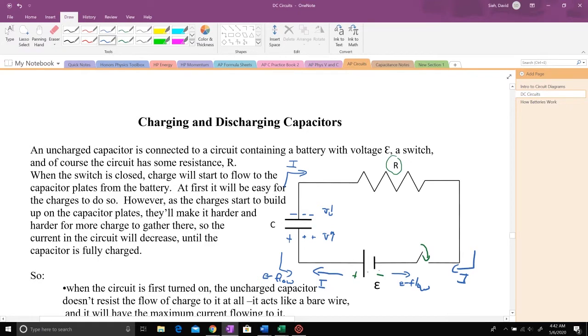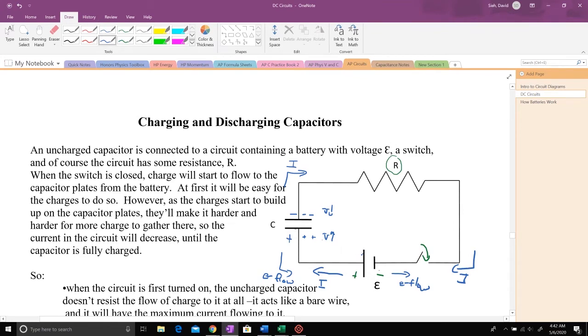At first, when I turn this on, there's a high V here at the battery and a neutral plate here. But as electrons get pulled off the lower plate, the V value goes up, until the V value of the lower plate is the same as the V value of the high V side of the battery.